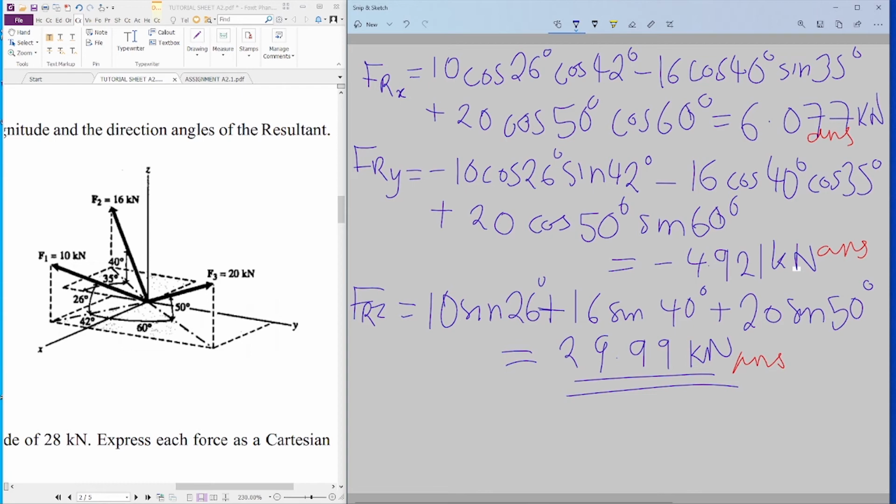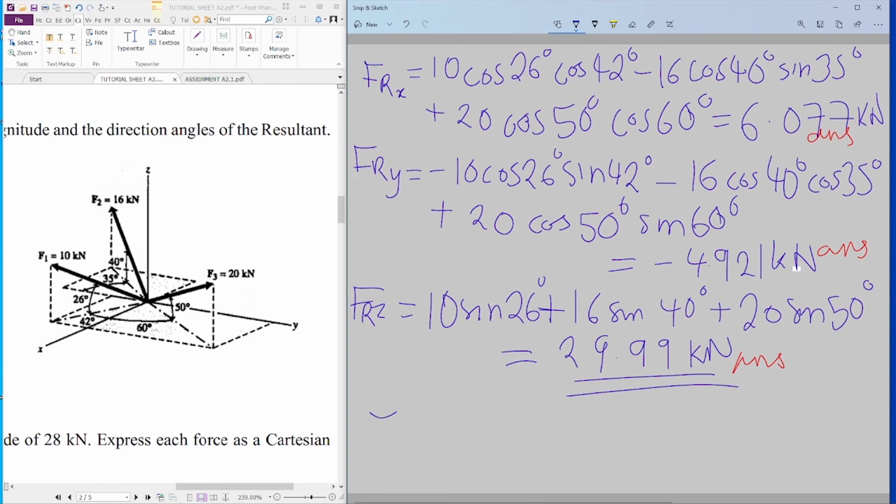Now what we need to do is to write it in, okay, sorry, these are not really our answers. What we are being told is to find the magnitude.